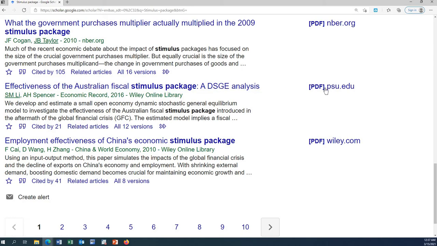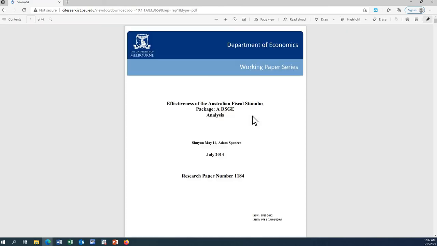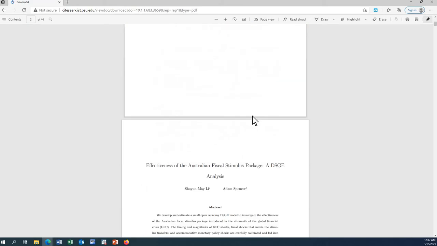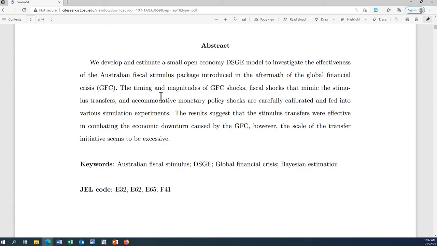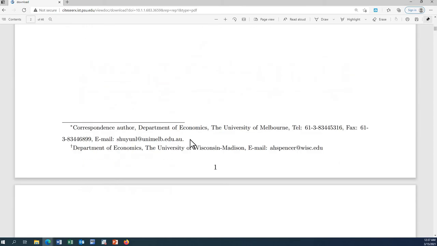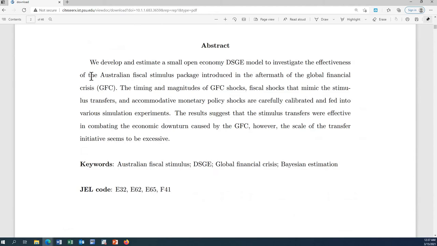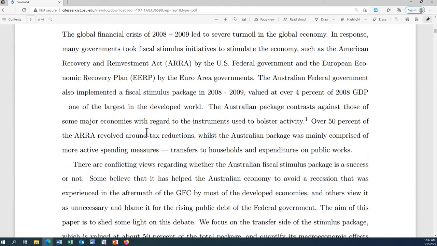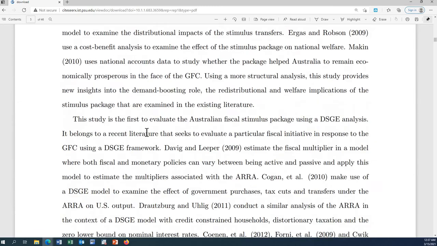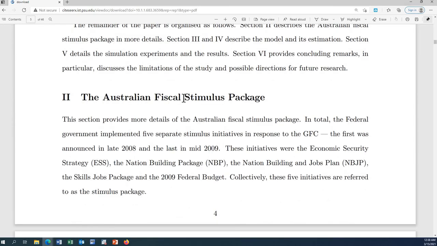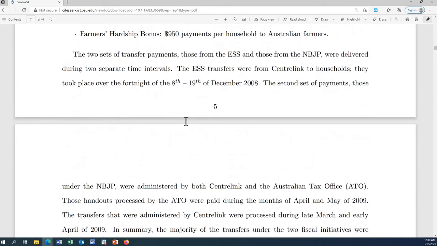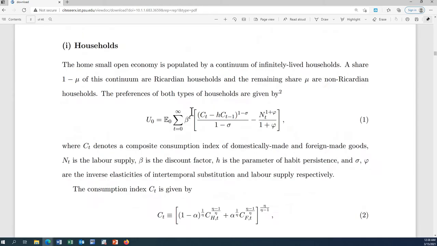Okay, and let me see what we can see from here. From this, you can use this one as your benchmark. See that they have the abstract, then introduction, and then the Australian fiscal stimulus package. They have discussed the stimulus package and the model.